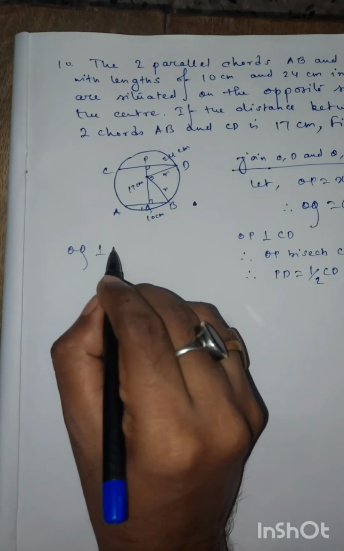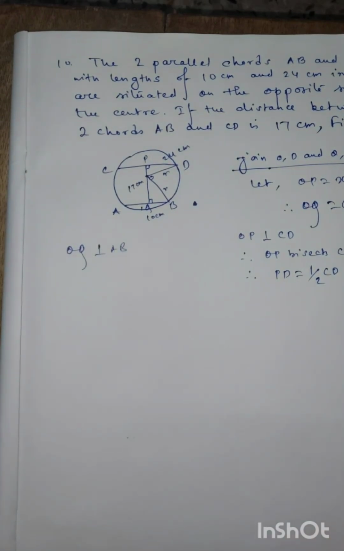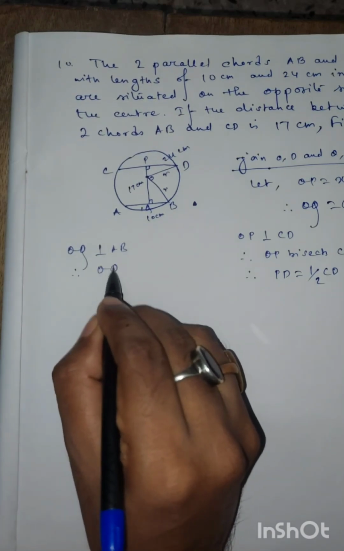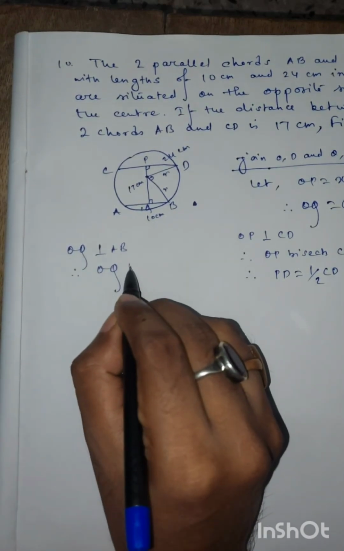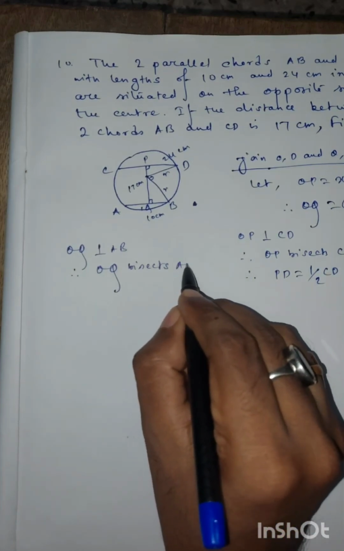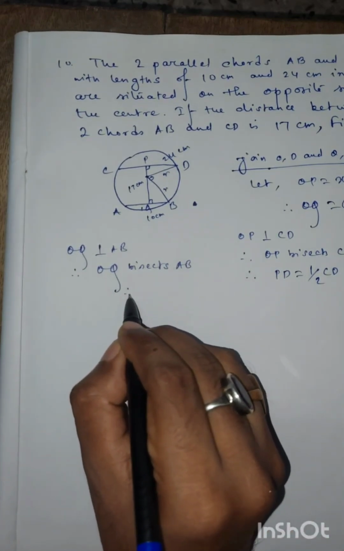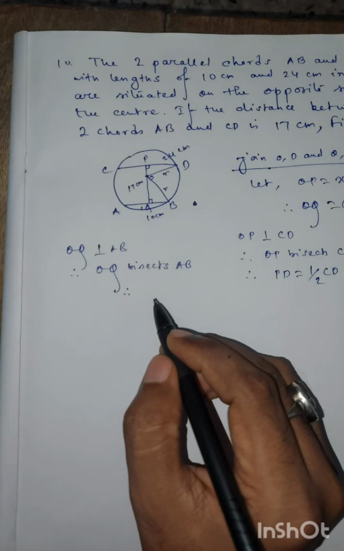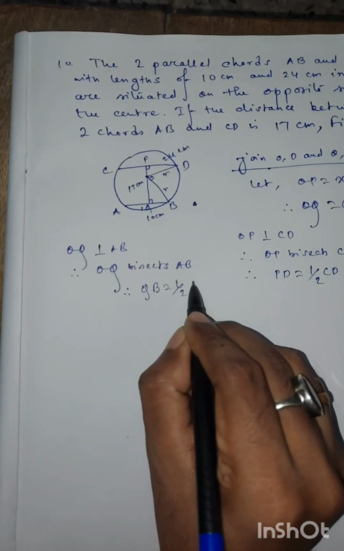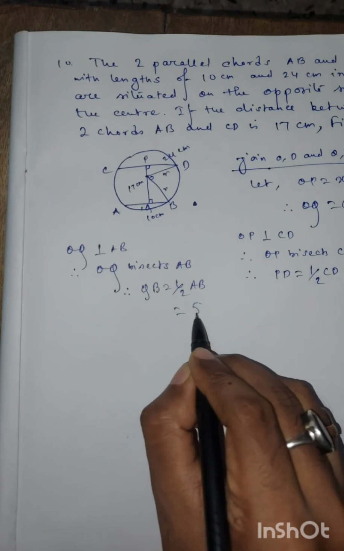OQ is perpendicular to AB. Therefore, OQ bisects AB. Therefore, QB equals half of AB, that is 5 centimeter.